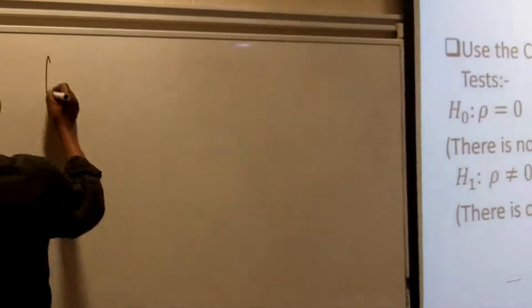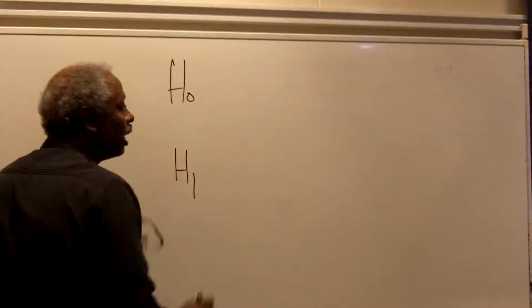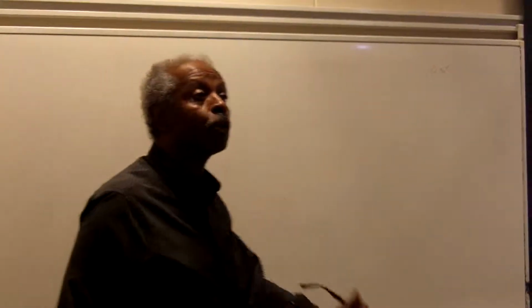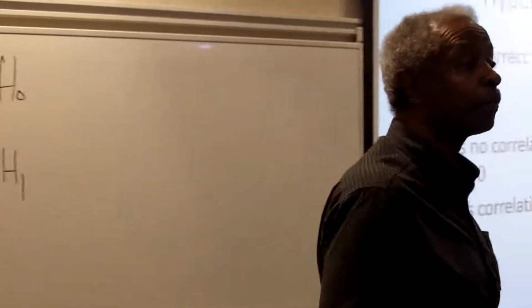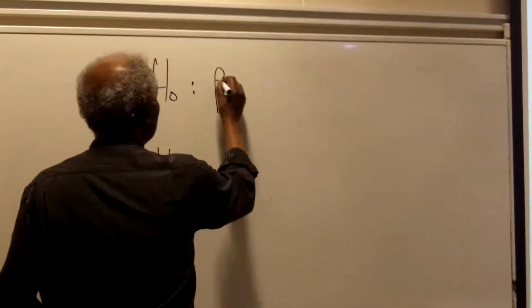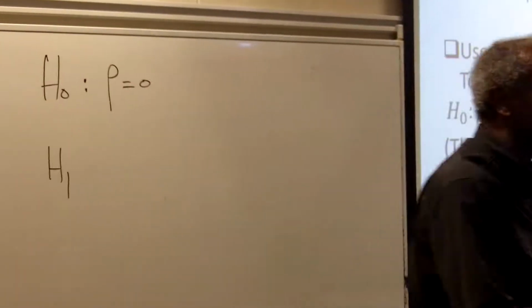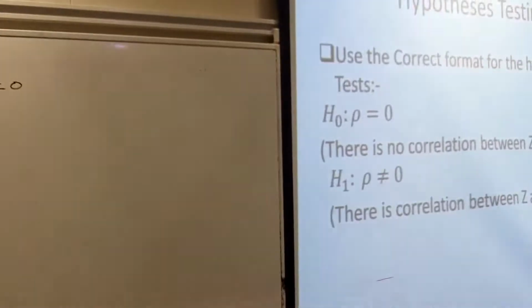We start with H naught and then H1. H naught, which is technically called the null hypothesis, states that rho is equal to 0, which is tantamount to saying there is no correlation between the variables considered.